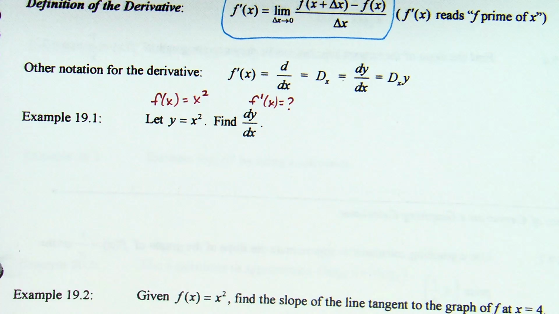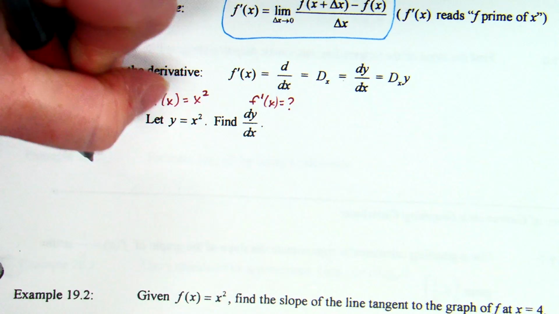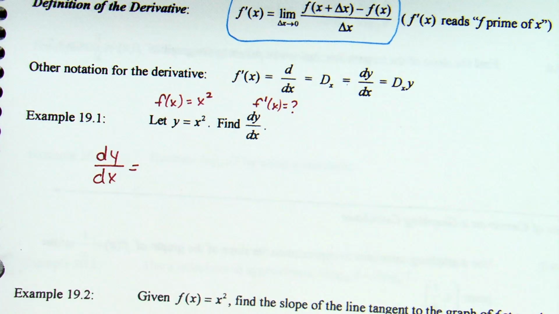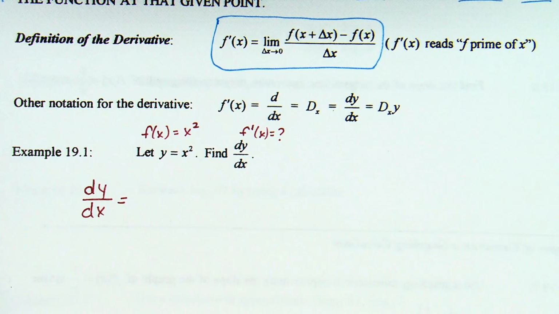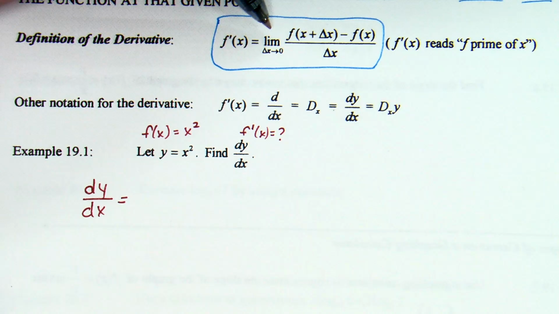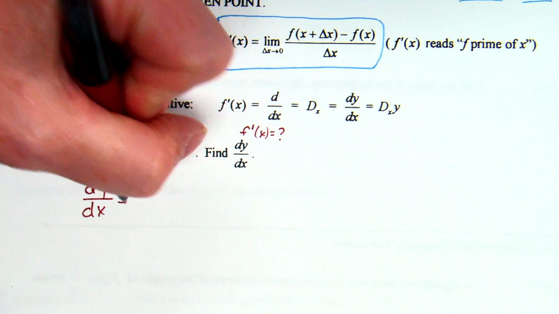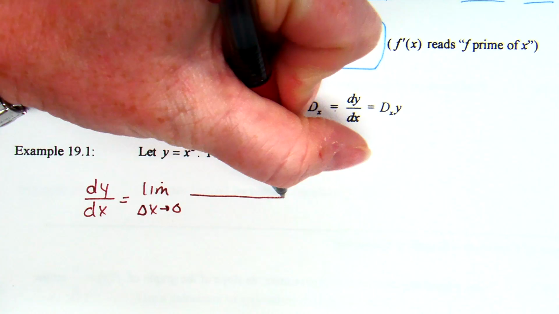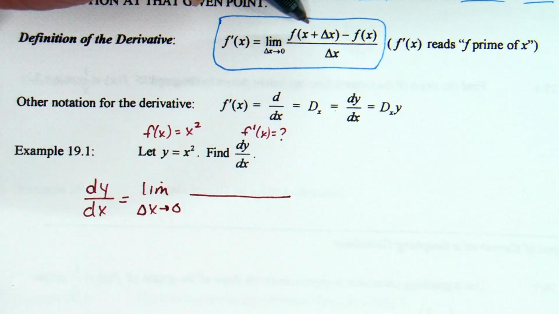First of all, since they're asking me to find dy dx, I'm going to start by saying dy dx equals. It's a limit, yes? Always write limit. Use proper notation. So the limit as delta x approaches 0 of, okay, the fraction. So on top, guys, f of x plus delta x. So that means you use the f function you're given, right?